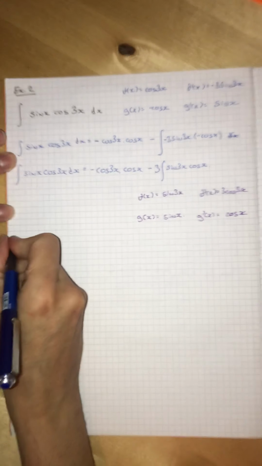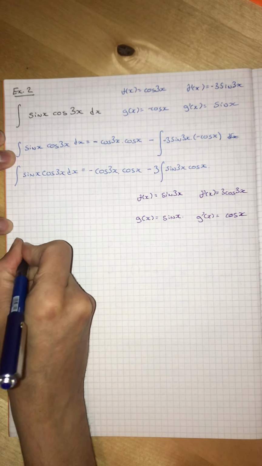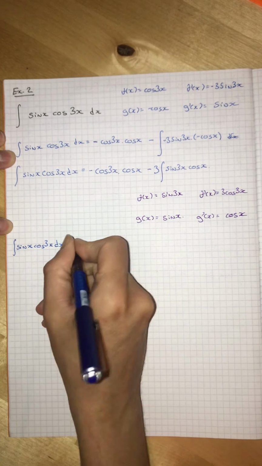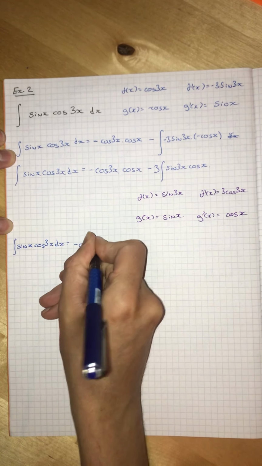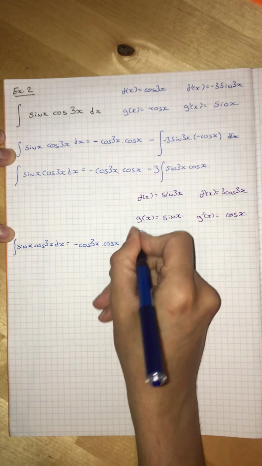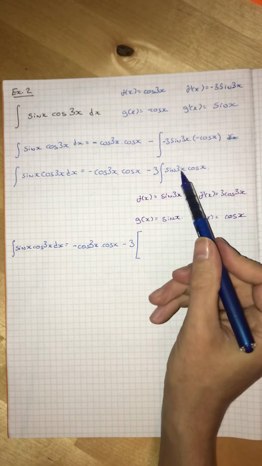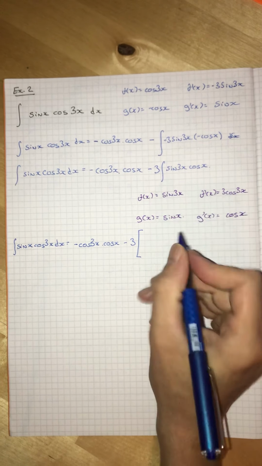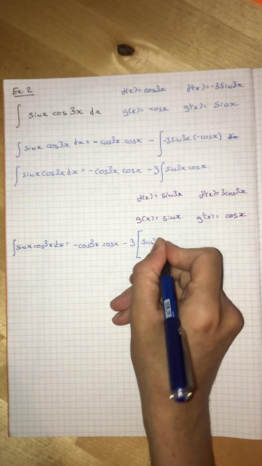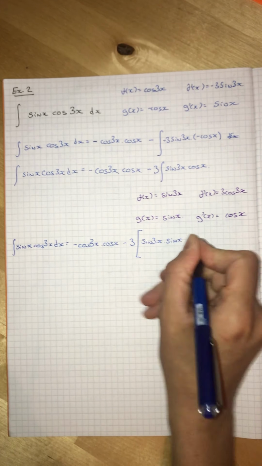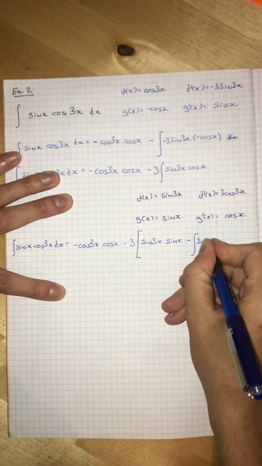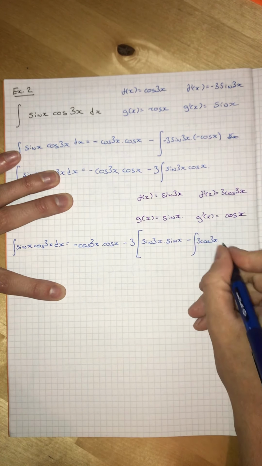So we're going to get the integral of sine x cos 3x dx equals negative cos 3x cos x minus 3 brackets f of x times g of x, so sine 3x dot sine x minus the integral of f dashed x g of x.